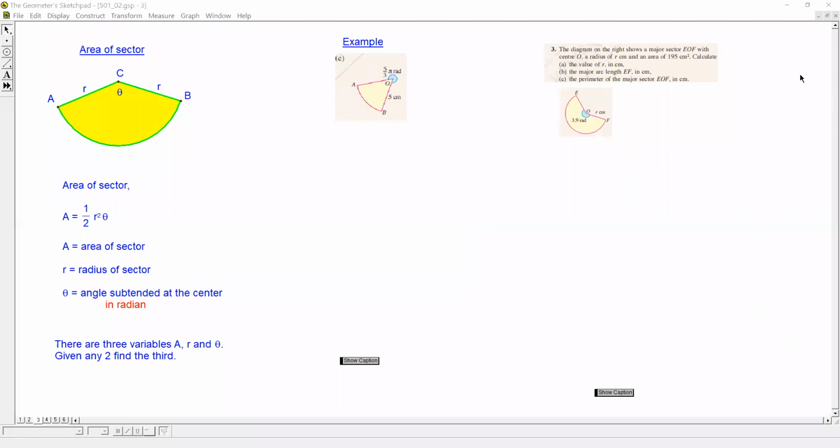Li Ying said no question. Sarah, any question or not? Sarah also no question, right? Okay, so now we continue with area of sector.